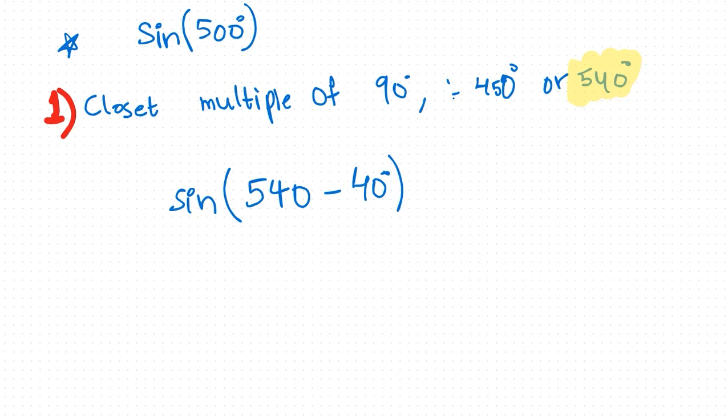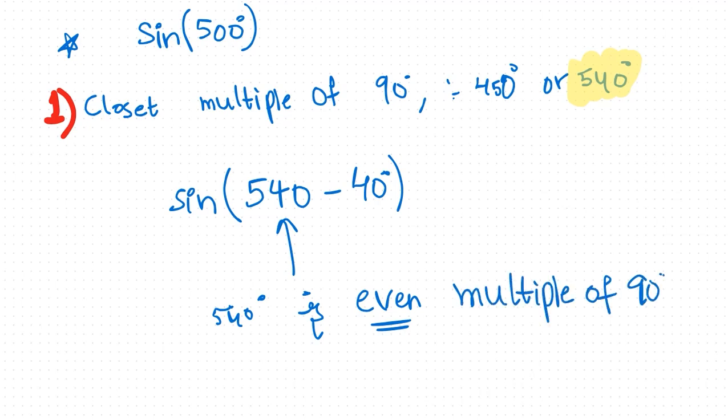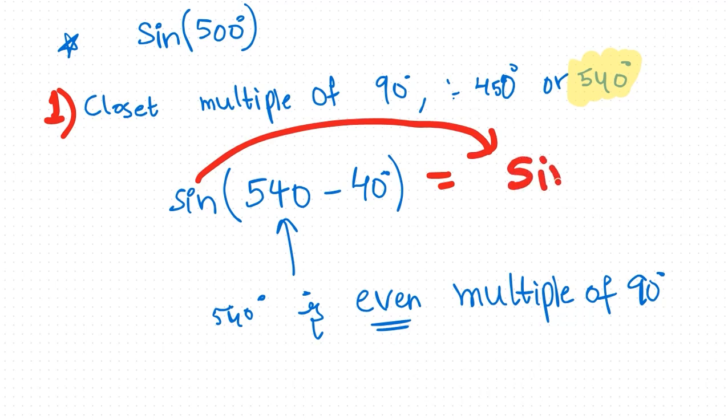Is it an even multiple or odd multiple of 90 degrees? Even multiple. So 540 is an even multiple of 90 degrees. That means in the answer, there are two things to take care of. Since it is an even multiple, sine will remain as sine only.